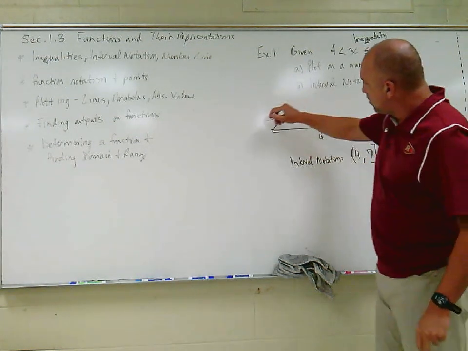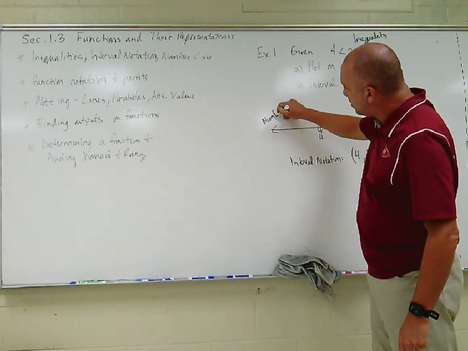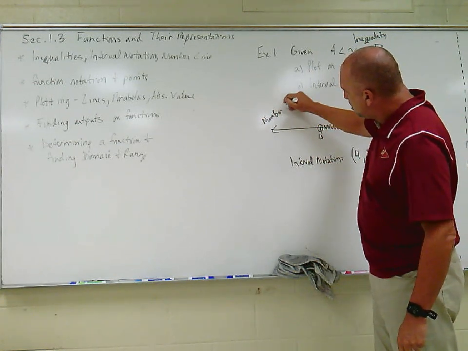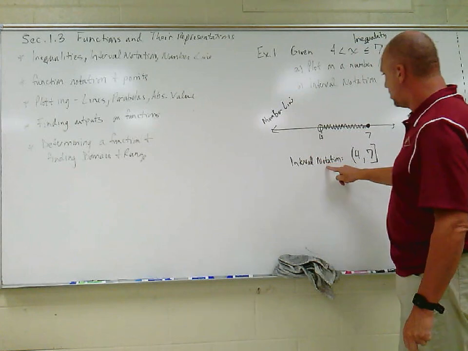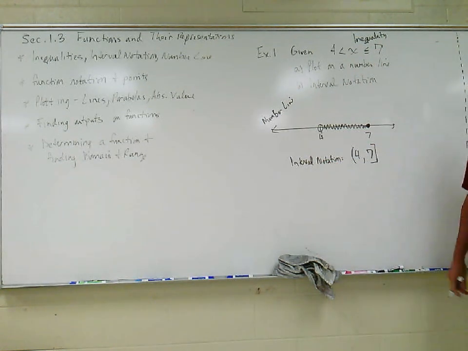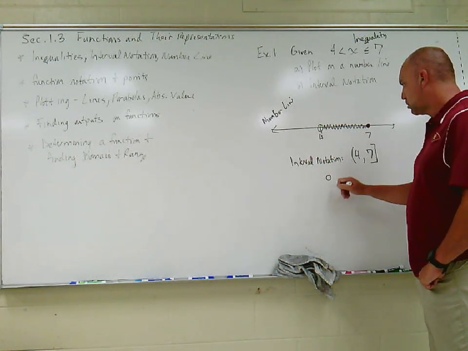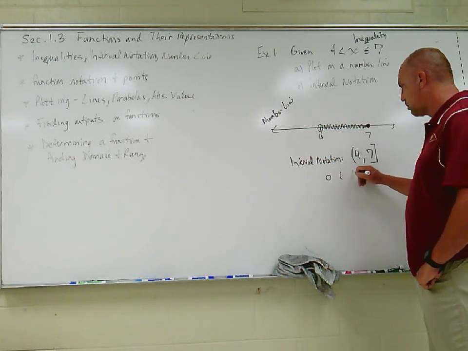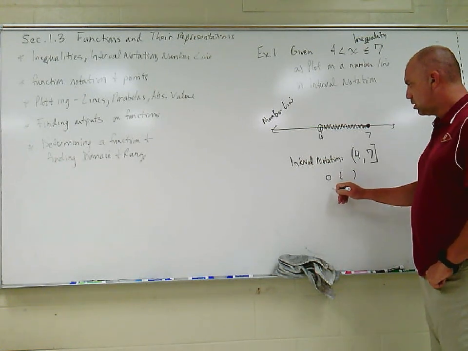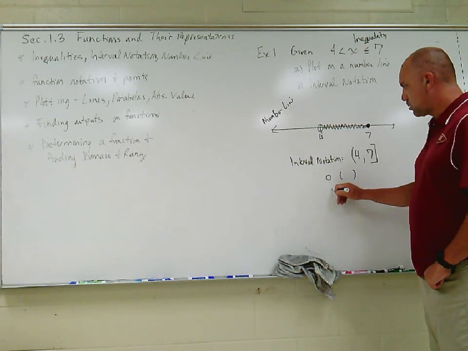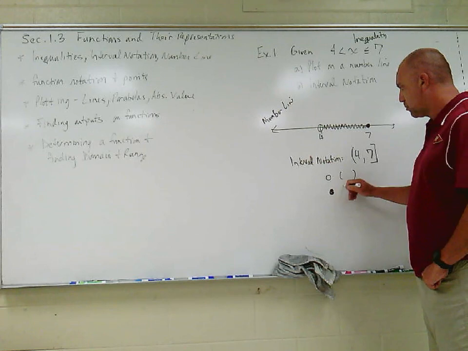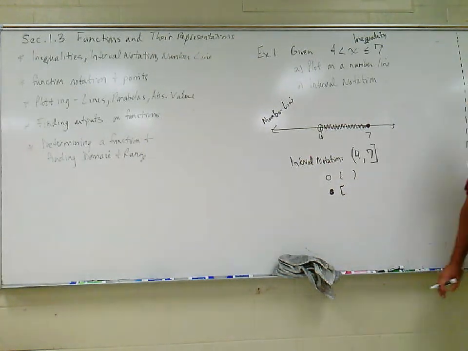So here's the number line that we have, and here's the interval notation that goes with that number line. So just remember, an open circle is synonymous with a parenthesis. A parenthesis goes with an open circle. A closed circle, you would put a bracket.